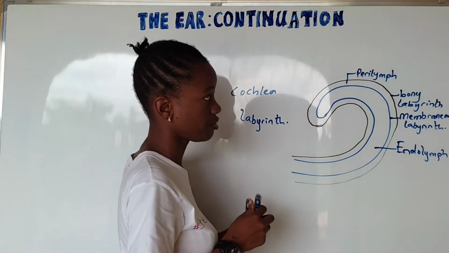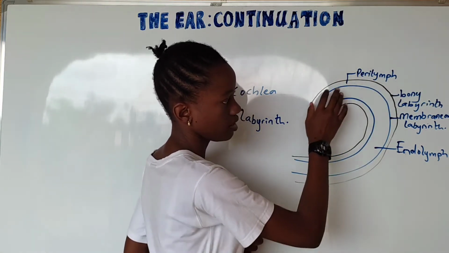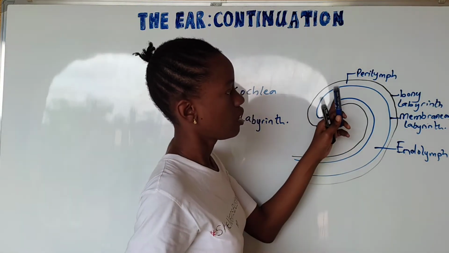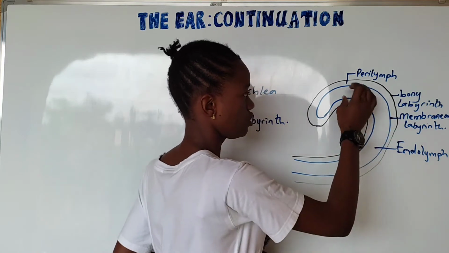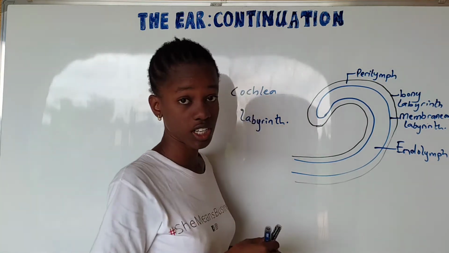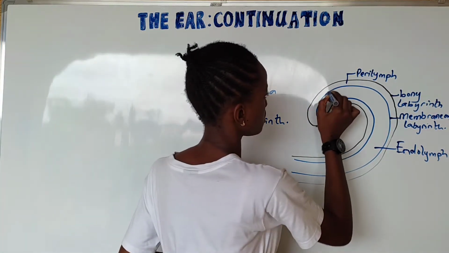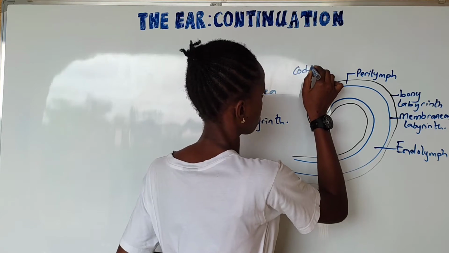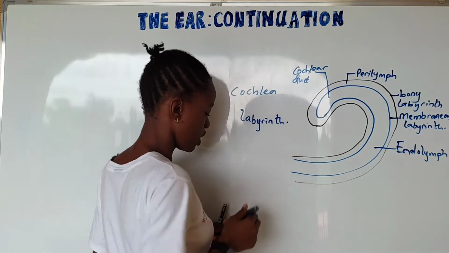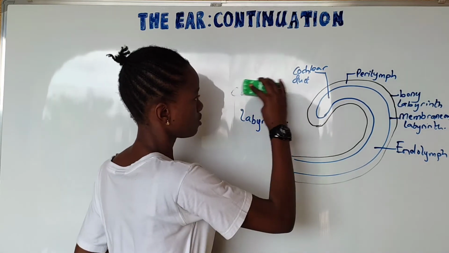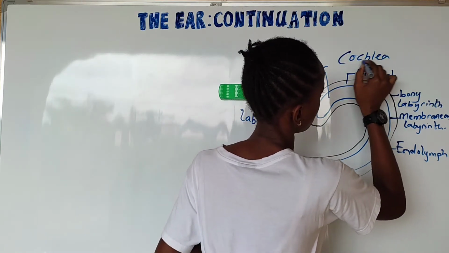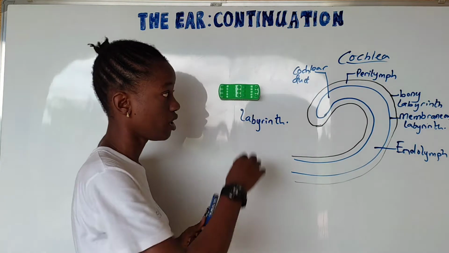And this structure inside the membranous labyrinth present in the cochlea is called the cochlear duct. Take note of that. This whole structure that I've drawn now is the cochlea, the part of the inner ear used for hearing.